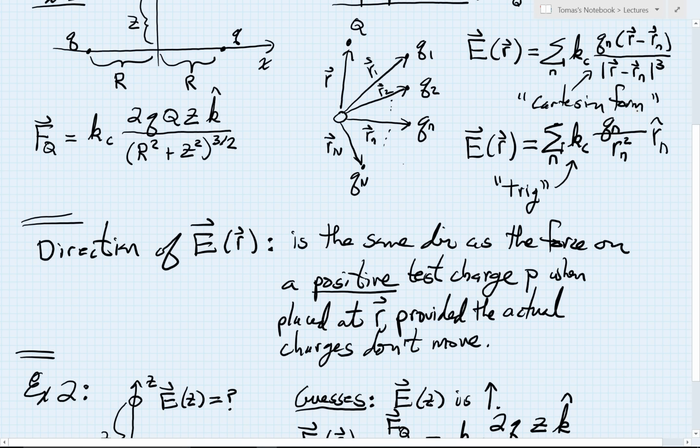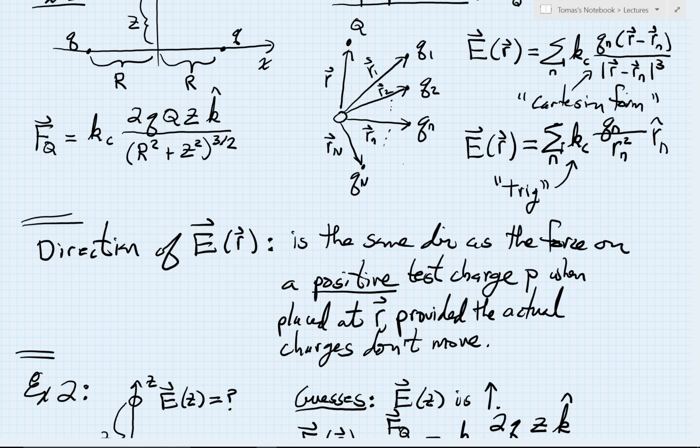You will see it's a bit less grungy in this case than the trig form. It's significantly less grungy, I would say. On the other hand, because it's saving us a lot of grunge, you can imagine there's a little bit more mathematical sophistication associated with this method. We're going to have to remember a little bit more advanced mathematics, a little bit more of our vector algebra.